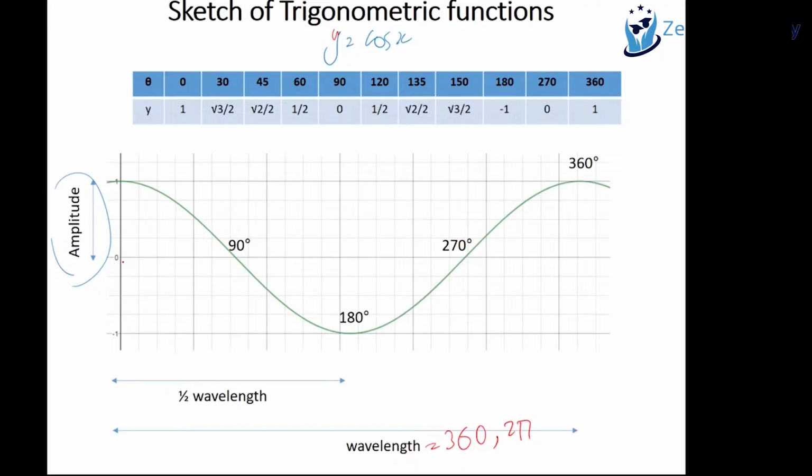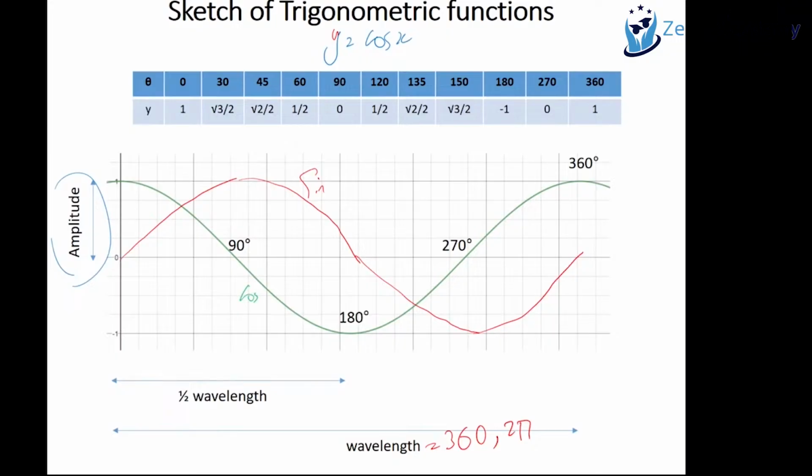If I want to start and draw the sine here, sine was 0 at 0, at 90 it was 1, and then at 180 it reaches 0. At 270 it was minus 1, and at 360 it reaches 0. So this is sine, and if I want to draw the cosine here, this is cosine.